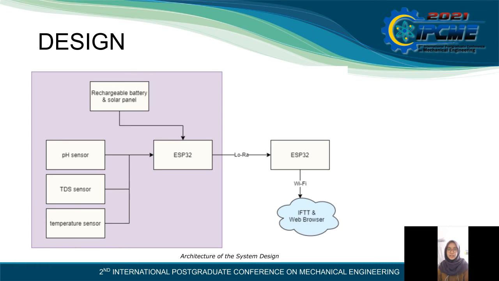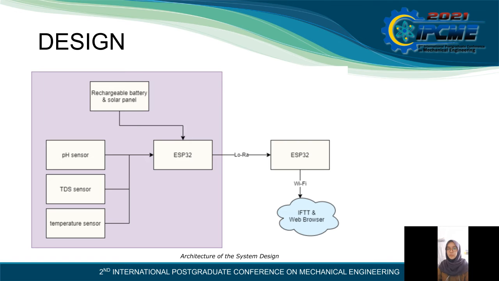Now the sender is directly connected to all these sensors and it is powered by a rechargeable battery and also solar panels. Once the sender collects the data at specific time intervals, it will send it to the receiver using LoRa connectivity.